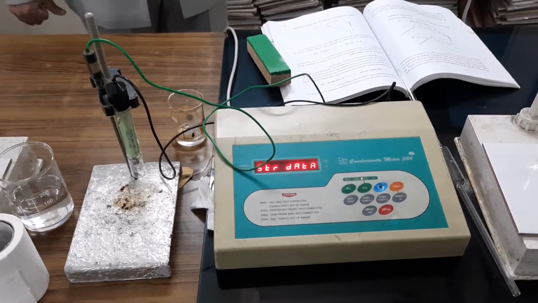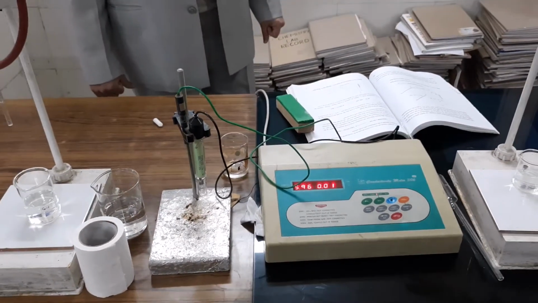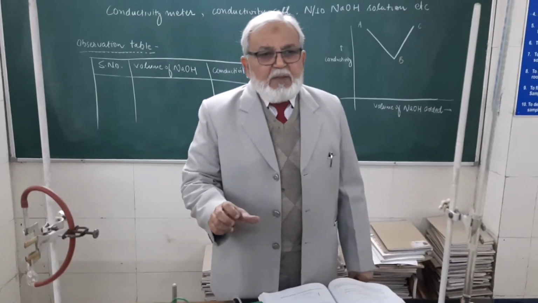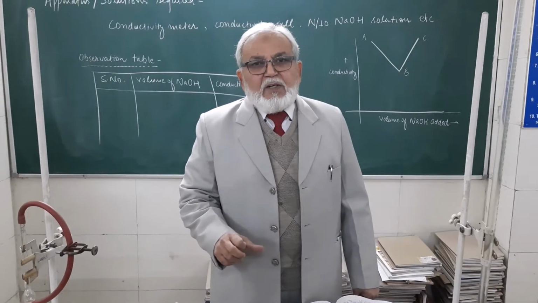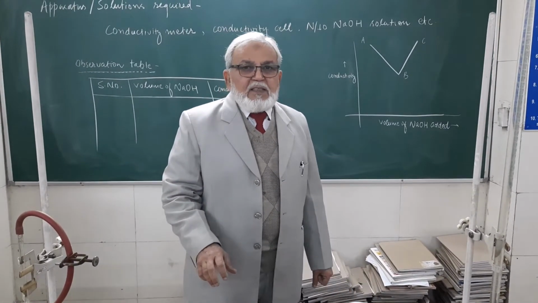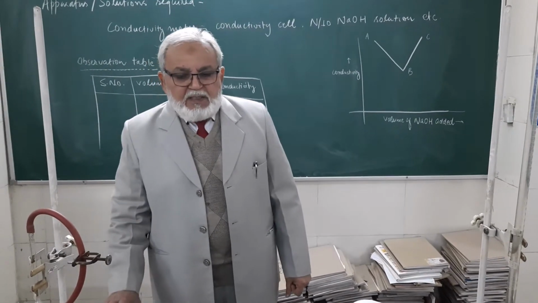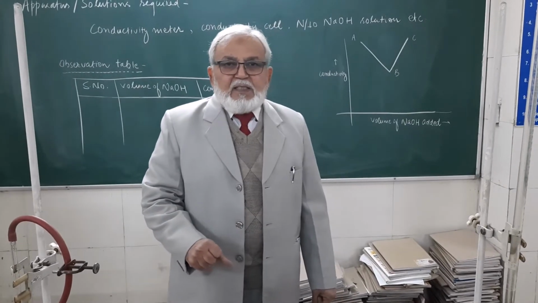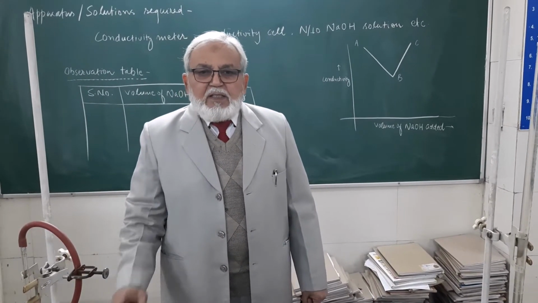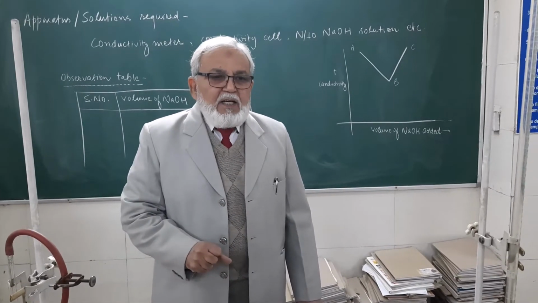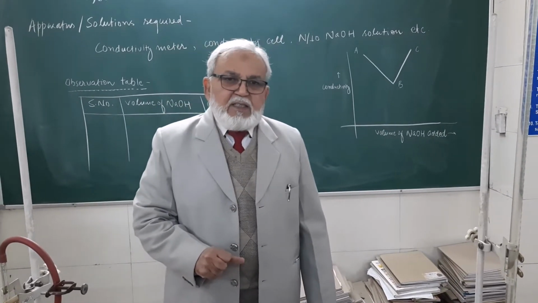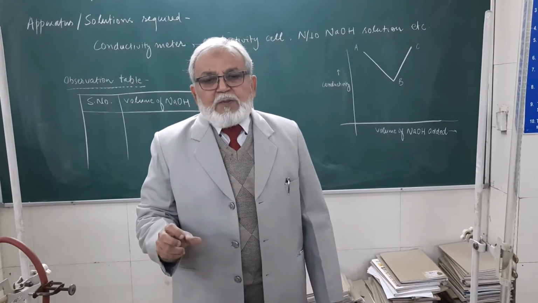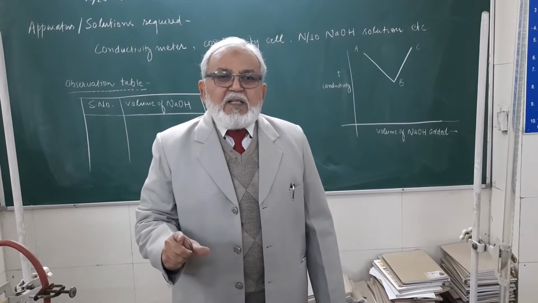If we take an acidic or basic solution and measure its conductivity, it will be higher due to the presence of free H+ ions in acids or free OH- ions in base. As base or acid is added, neutralization reaction occurs, and the amount of free H+ ions or OH- ions goes on decreasing.